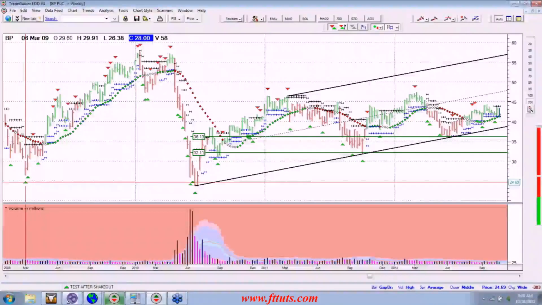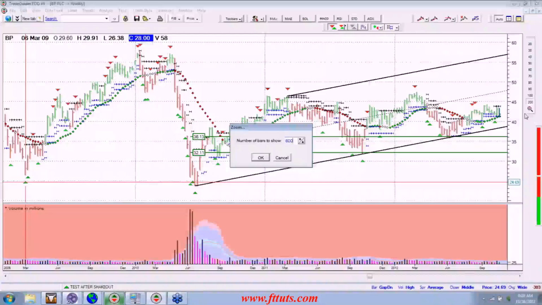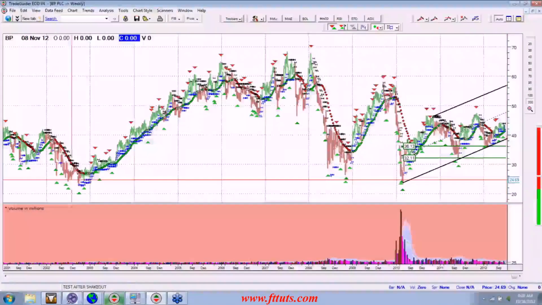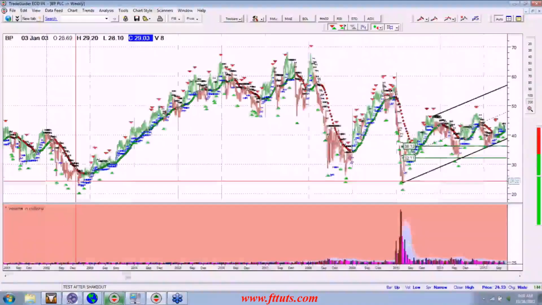But then, as I began to look at the bigger picture, something happened. Look here. I went all the way back to 2003. And what did I see? Clear support. Not only was it support once, it's been support two or three times afterwards.